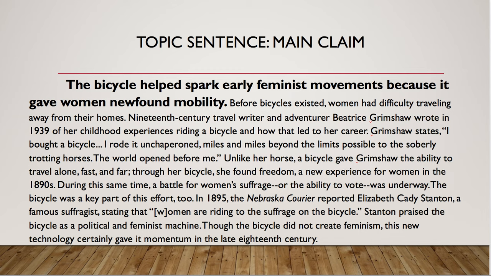Basically, I'm arguing that bicycles were really important to these early feminist movements, something that other people might disagree with. Some people might say bicycles were not that important and that 19th century feminism would have happened regardless of the bicycle. But we see that this is my main claim, and everything afterwards supports that idea.